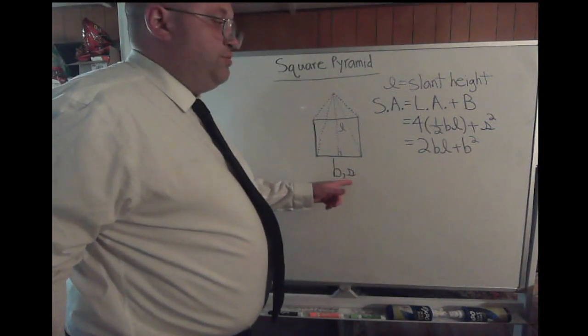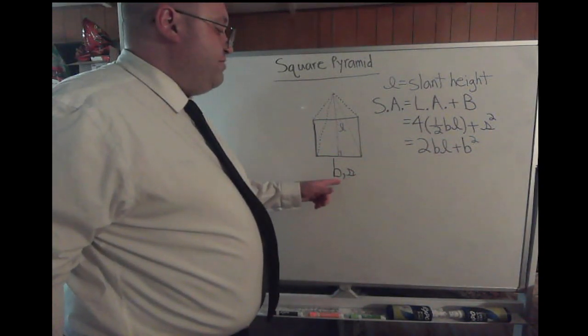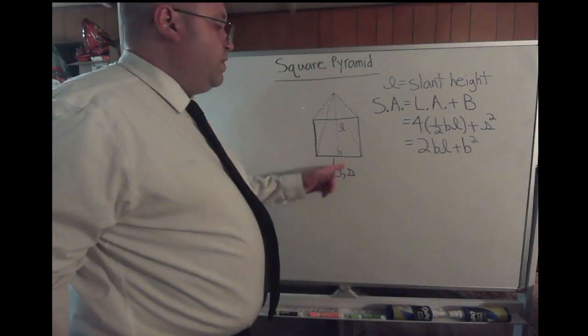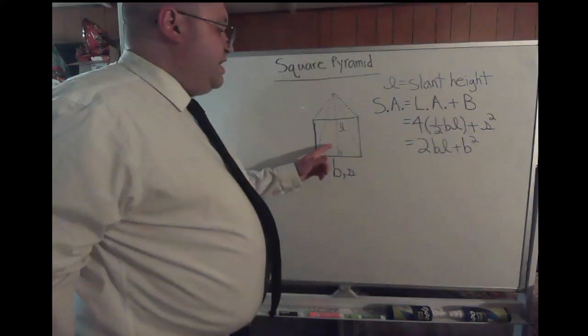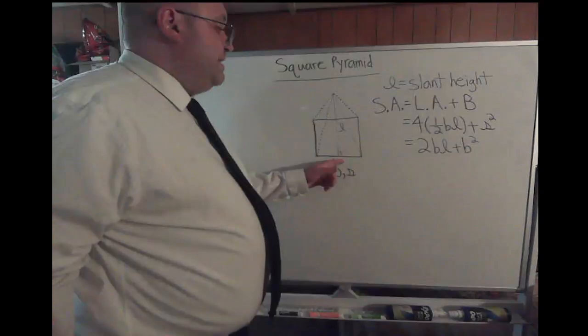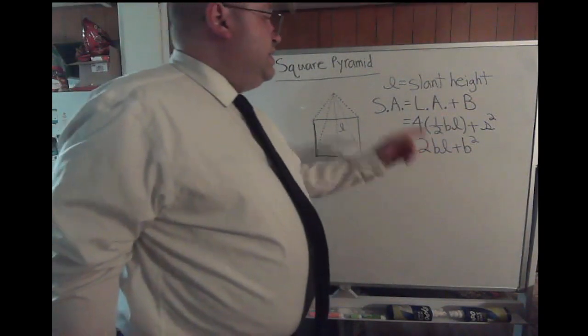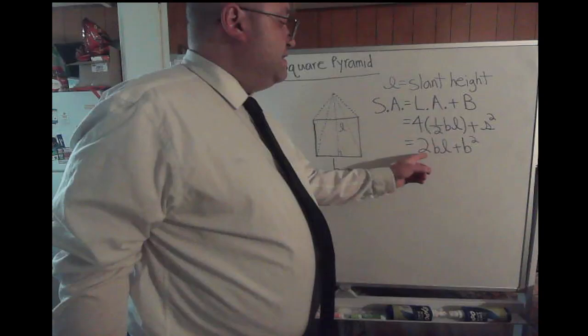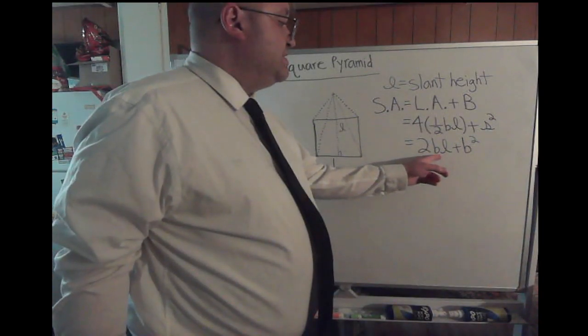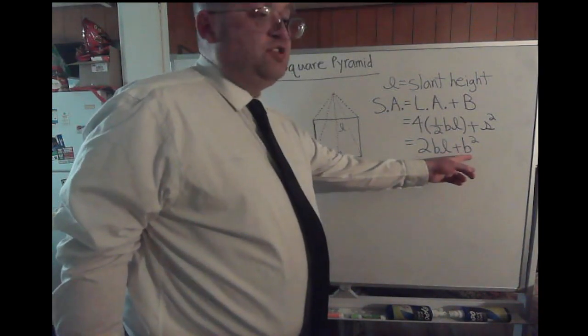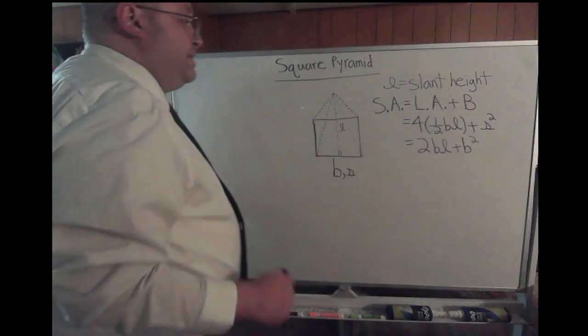It works out where they're both the same. That's how we have B and S both for the base of the triangle and a side length of the base of the square. So your total surface area is twice the base times the slant height plus the base squared. That's how we came up with that.